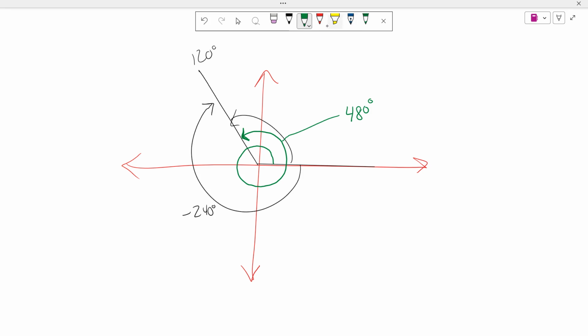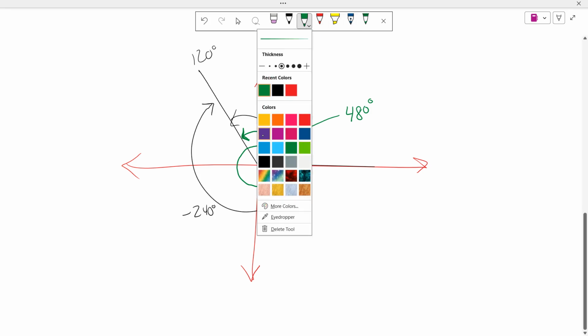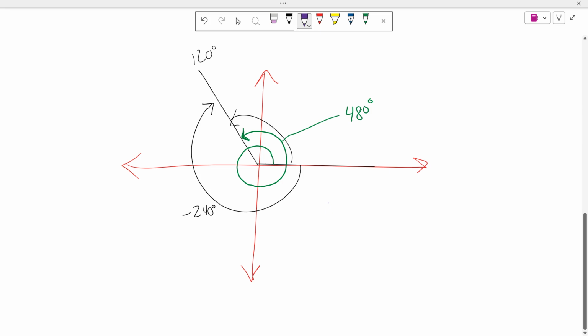All right, let's go with another color. Let's go purple. Going around and around and around. How far did I go with my purple line? Because I went all the way around again, and all the way out to 120.